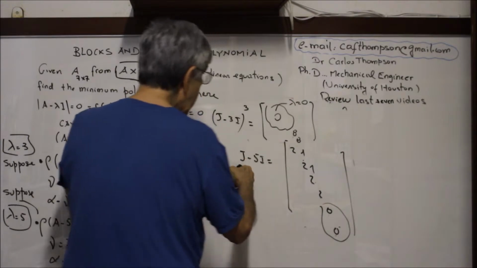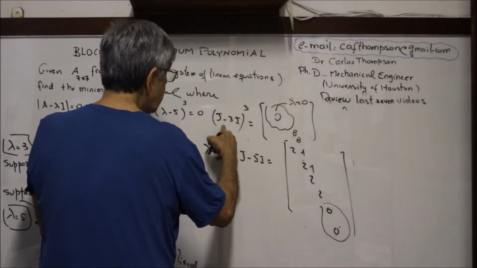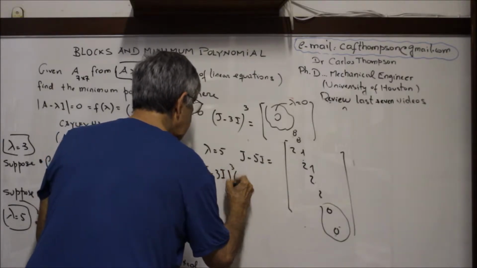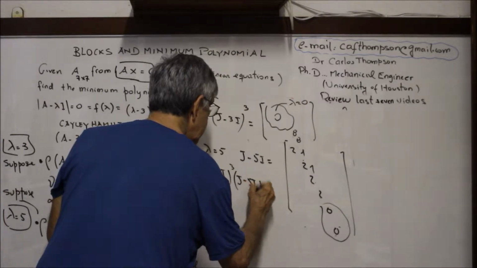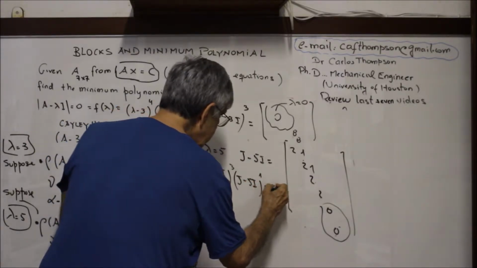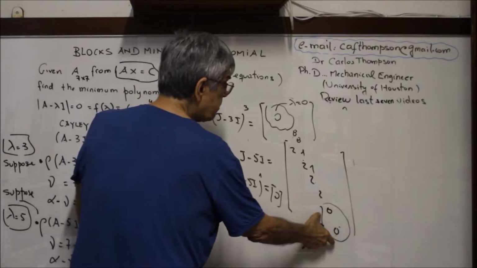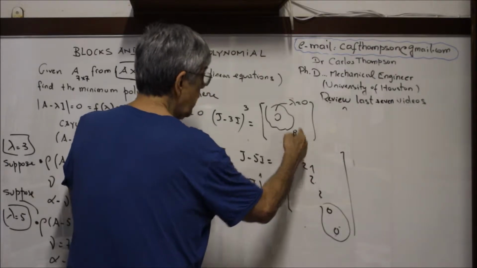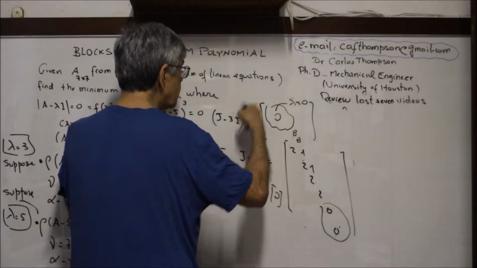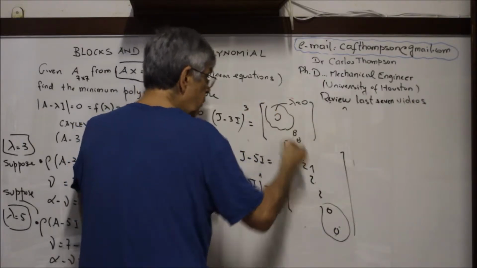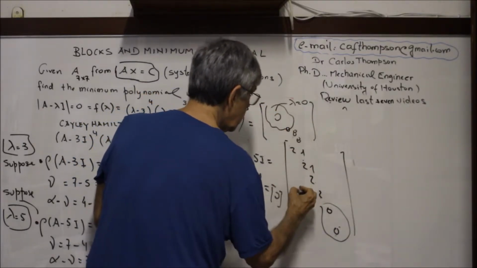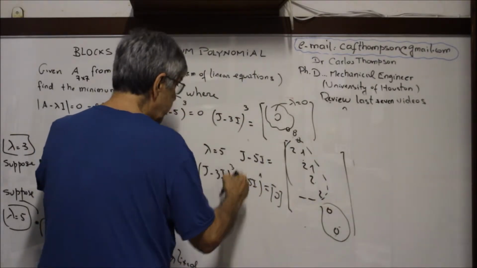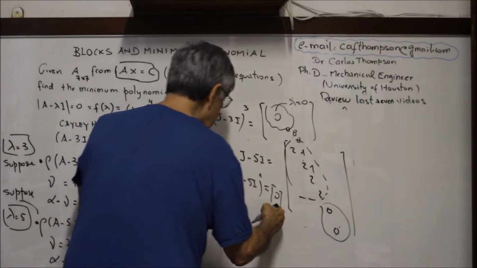So, when I multiply J minus 3I to the power 3, look how easy, times J minus 5I to the power 1, this will be 0, because this block here, 0, 0, will multiply 8, 8, and will be 0. And this block here, which in J minus 3I to the power 3 was 0, multiplied by this whole block, is 0. So J minus 3I to the power 3 times J minus 5I to the power 1 is 0.